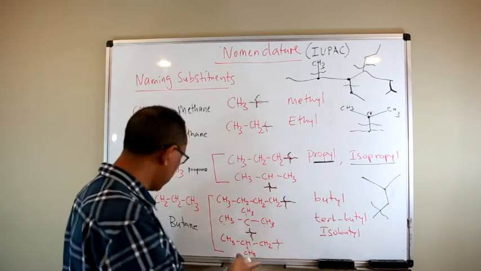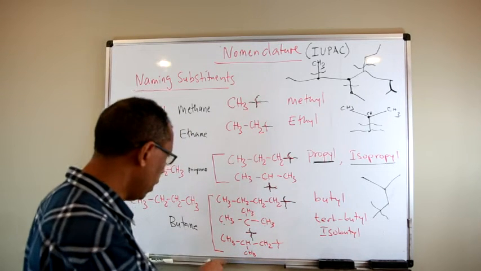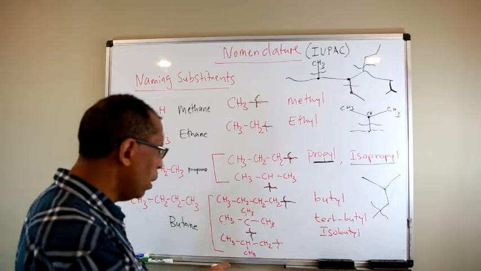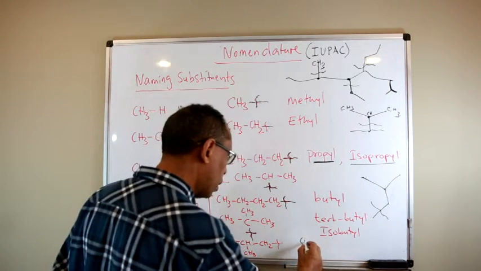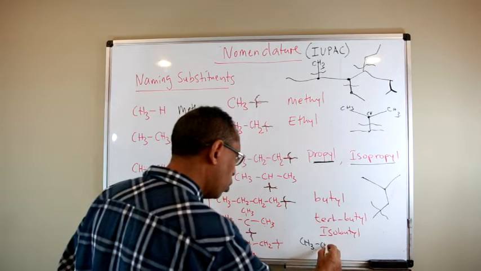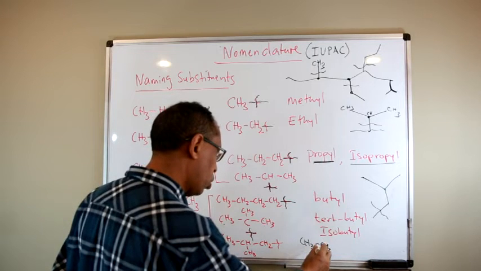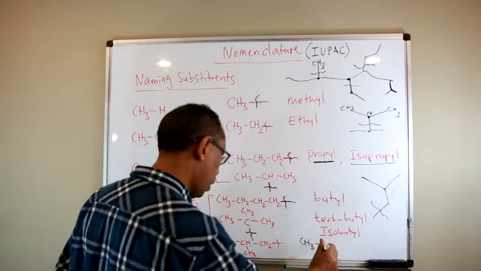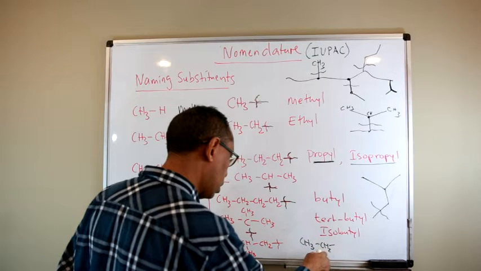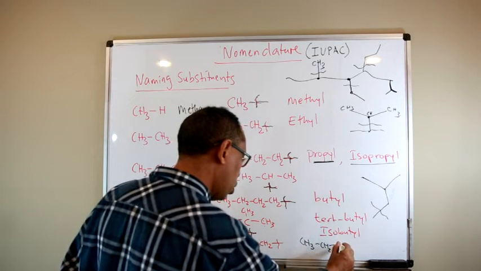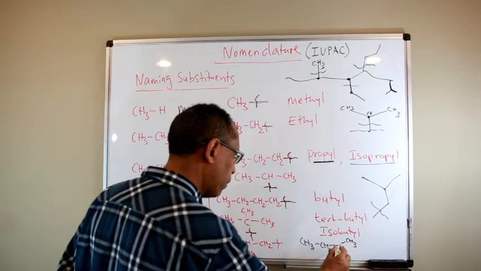For butane, for example, you'd have about 4 of them. I haven't put here one of the sec butyl as well, where it could be CH3, CH2, say that is CH2, and you have this is CH2, and you have CH3, that's 1, 2, 3, 4.